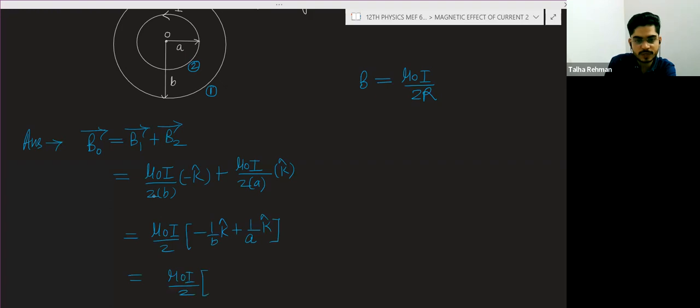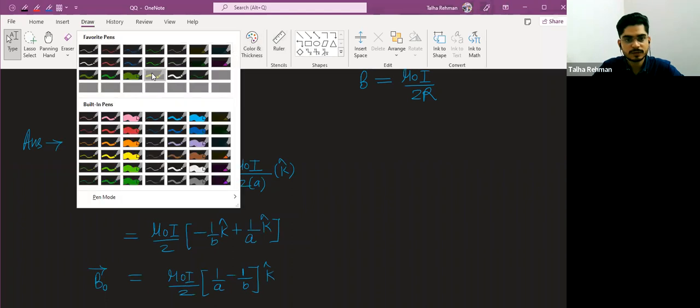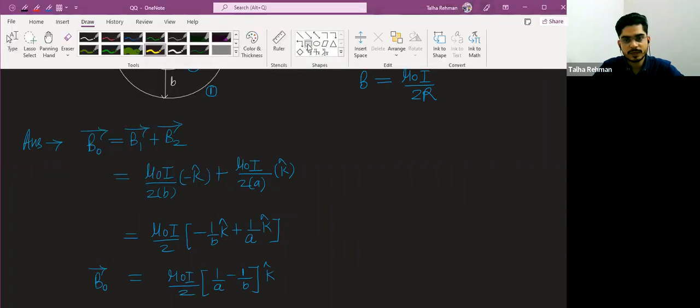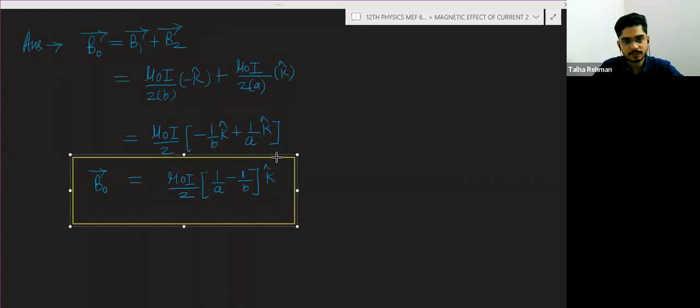When you do the calculation, you will get 1 by A minus 1 by B, and this will be K cap. This is your final answer. So these types of questions you will get, and you will solve these questions like this.